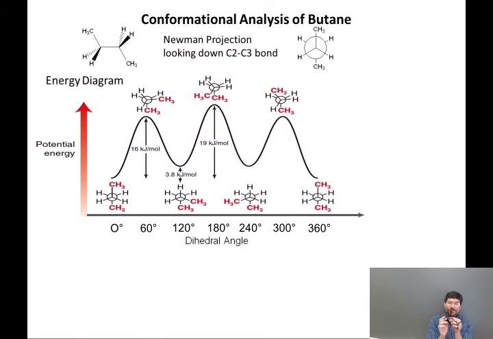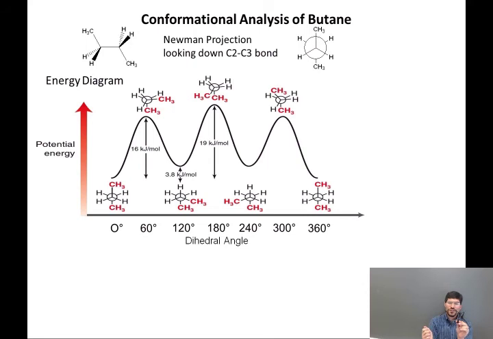Rotate another 60 degrees, and we're at an eclipsed conformation, but in this case, not only do we have the hydrogens eclipsing each other, but we also have these methyl groups eclipsing each other, and we're going to have to take that into account also.